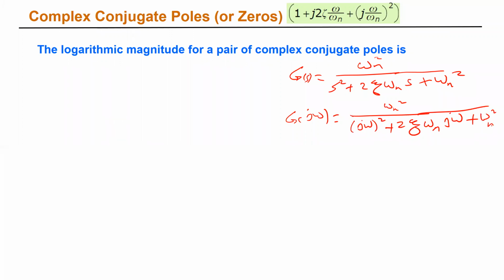Let me factorize the omega n out. So I will have 1 over 1 plus j 2 zeta omega over omega n plus j omega over omega n the whole thing squared. This is where the upper term came from.